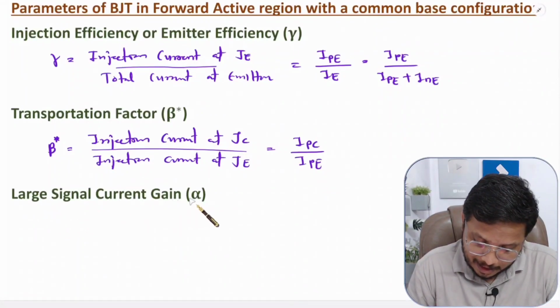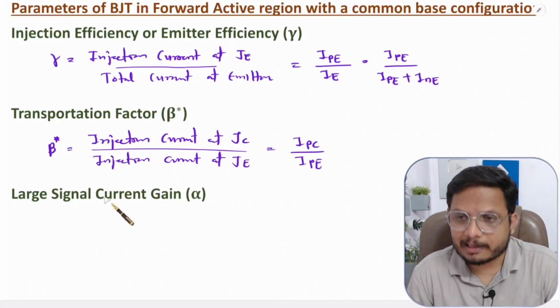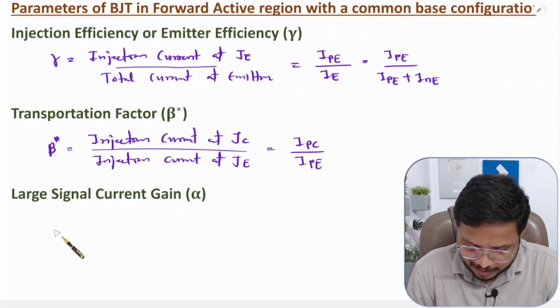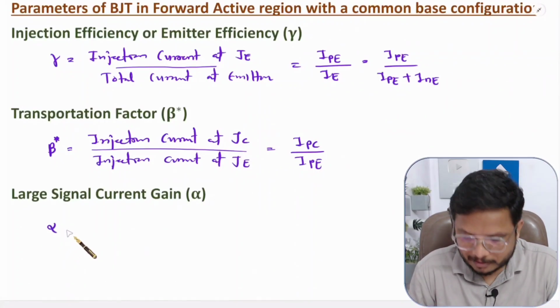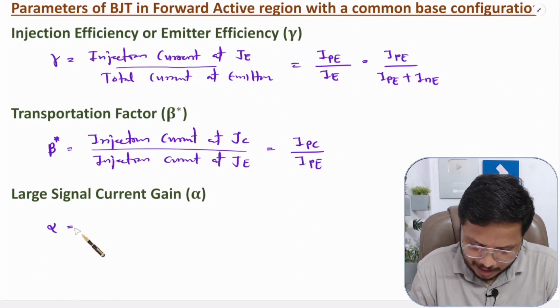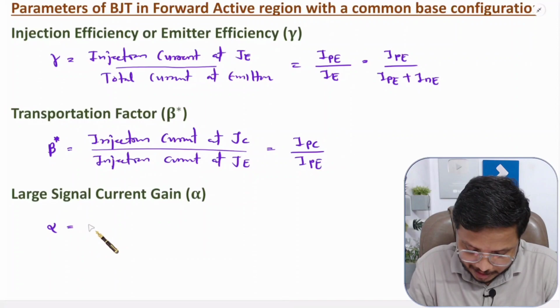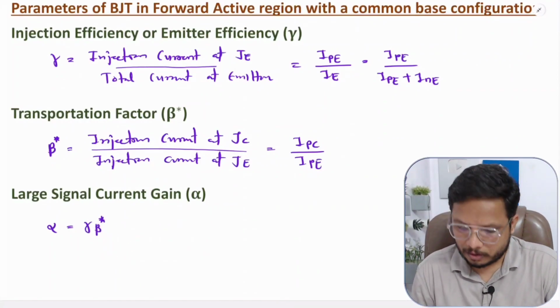Now the third is alpha, the current gain, or large signal current gain. There are multiple ways to understand this. First, let me give you one basic relation: alpha is gamma into beta star. That is one relation you should know.